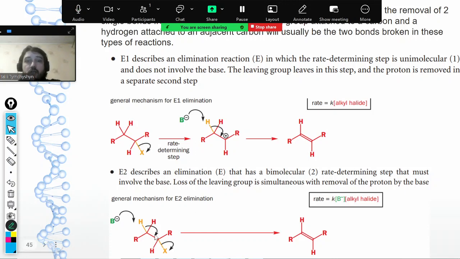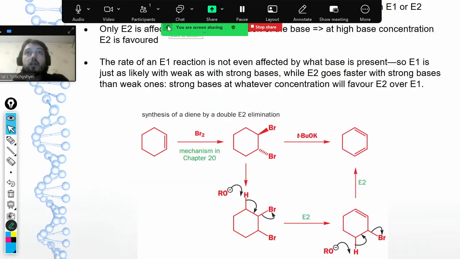So here is the E2 mechanism, and here the rate of the reaction is proportional to the concentrations of base and the alkyl halide, because they should interact so that abstraction of the proton and leaving of the leaving group are simultaneous. Good. What else?